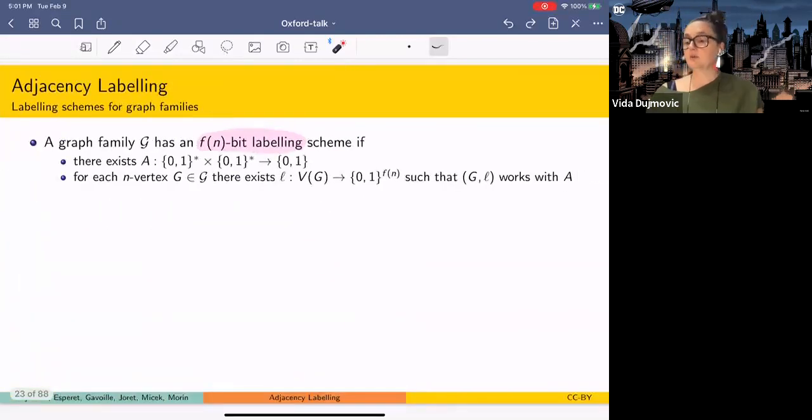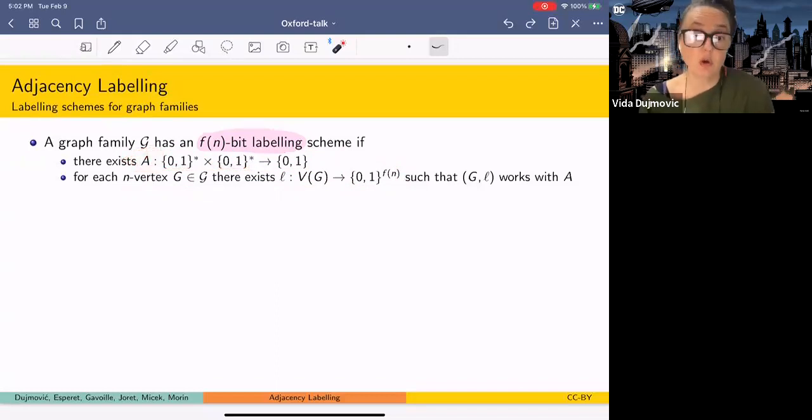So we say that a family of graphs admits an f of n bit labeling scheme, where f of n is the size of the label. We're looking at a family of graphs with n vertices. We say that family, think of planar graphs again, has an f of n bit labeling scheme if we have an adjacency tester, such that you give me two labels, you get yes or no. And for each n vertex graph in the family, we have a labeling where the lengths of the labels are f of n, such that the adjacency tester works.